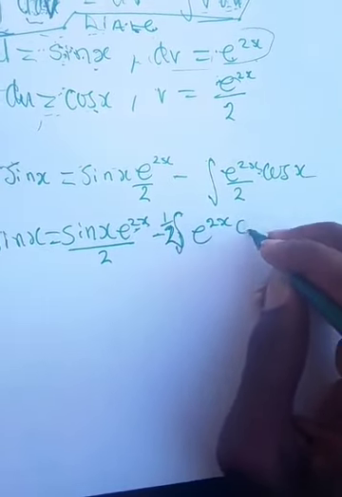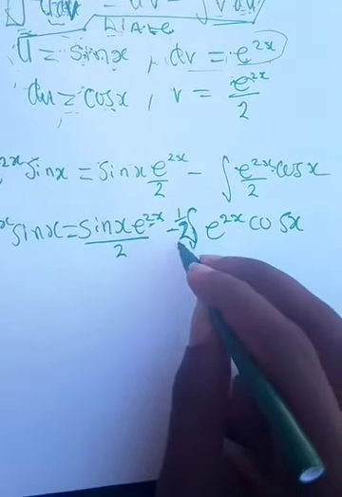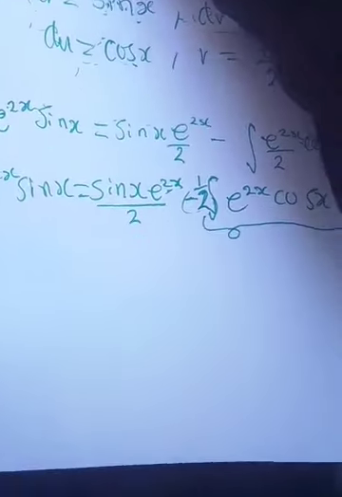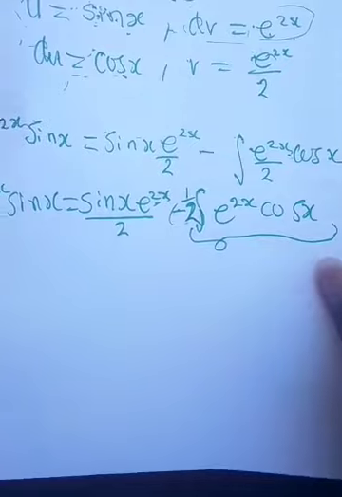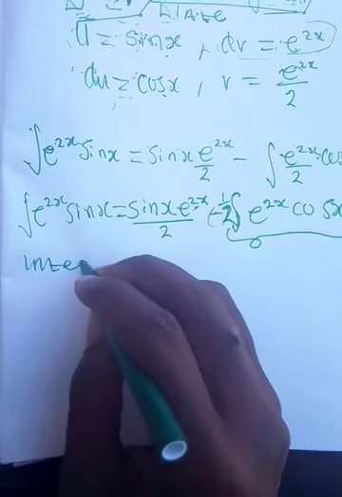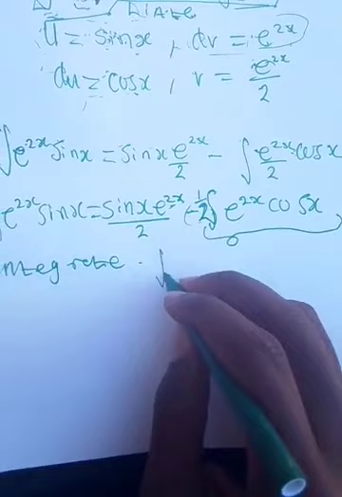So now I'm going to focus on this one without the 1 over 2. What I'll do right now is integrate it alone. Let's find the integral for e to x cos x.